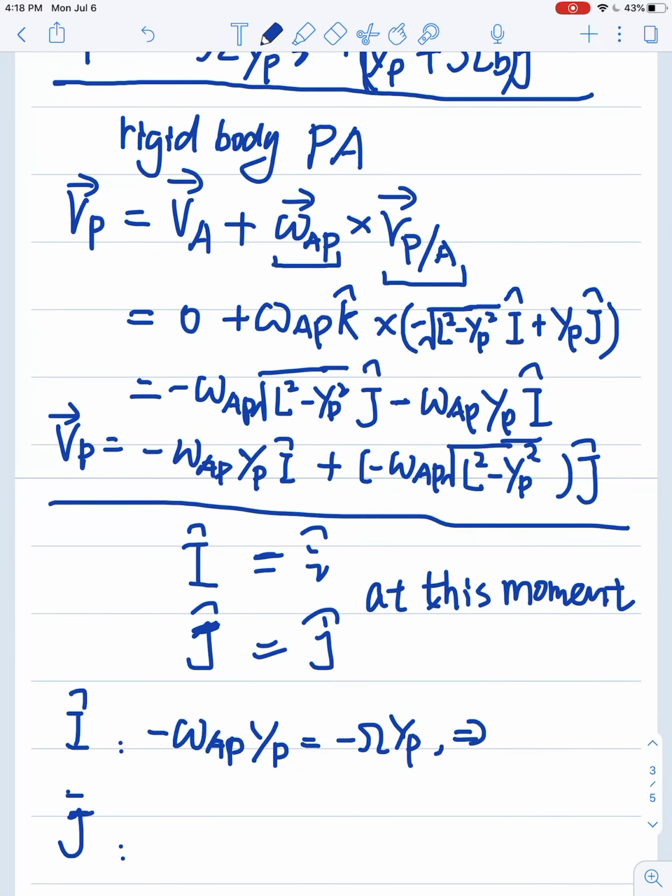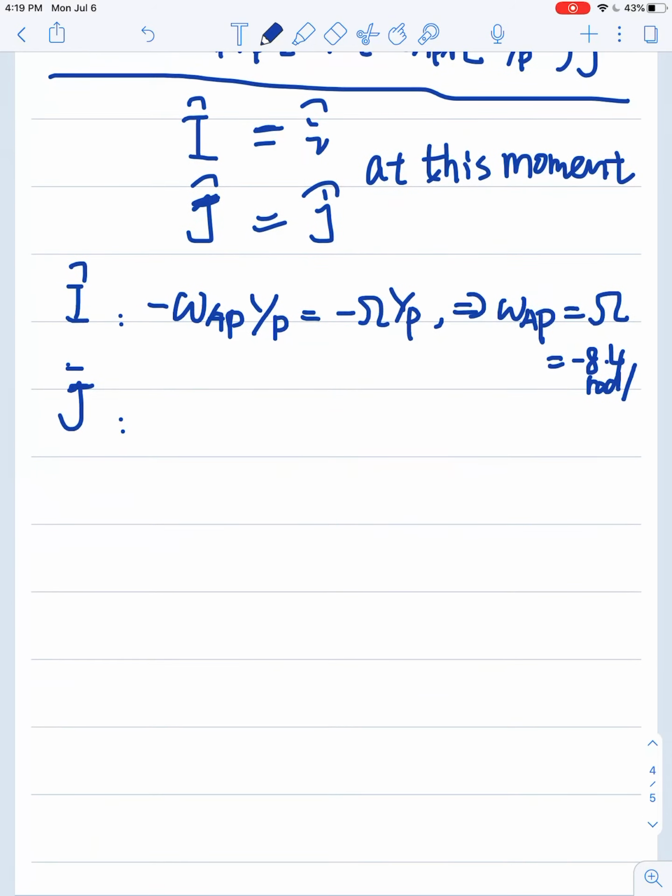From here you can solve omega AP, which equals omega, and omega is given, so it is negative 0.4 radians per second. That's what you can solve from the I component.